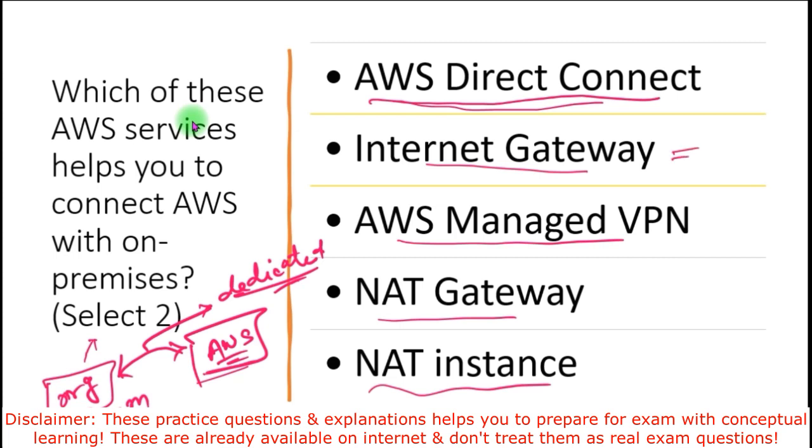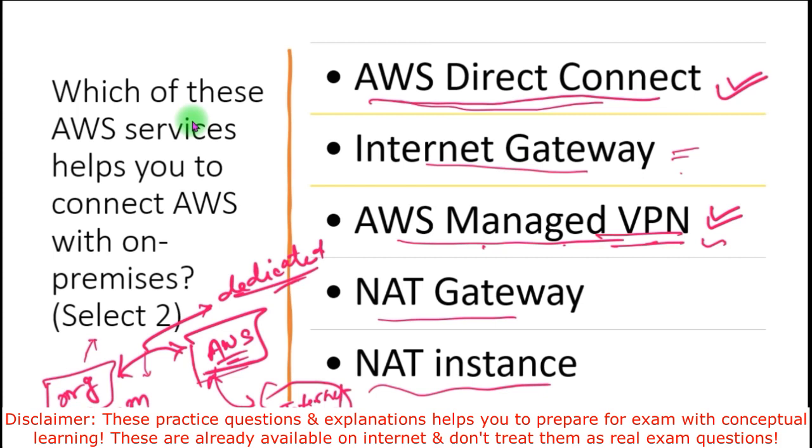This is not the service which can be used to connect our on-prem. This is the service used to connect through the internet, when we want our resources to connect through the internet and we need a bidirectional connection. AWS Managed VPN, yes, this is a connection which we can use to connect our organization to AWS. So for this question, our answer will be AWS Direct Connect and AWS Managed VPN. VPN is something software based, where some settings need to be done or some component needs to be installed at both places, either the client or the AWS side.